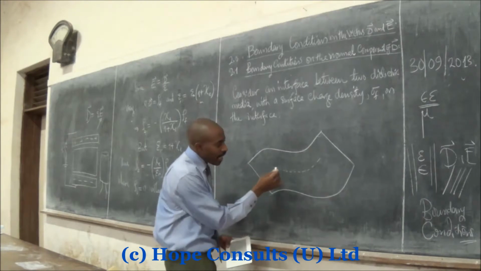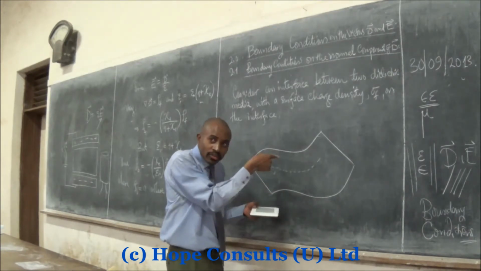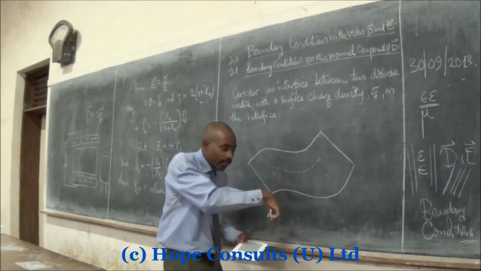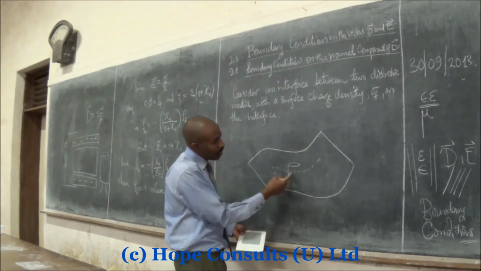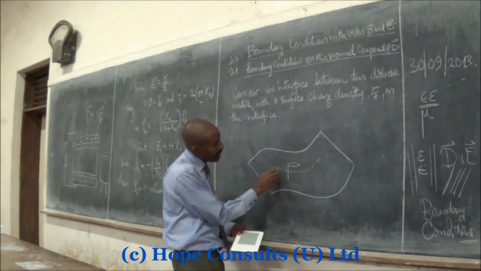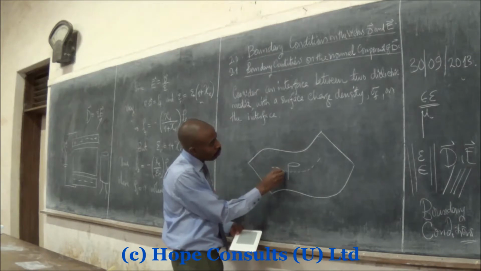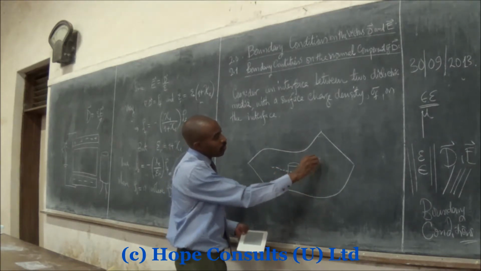So if we take a piece on top and one on the bottom, I'll get a pillbox. I drew this to show you where the interface is, okay? These dotted lines show that this is along the piece of paper.